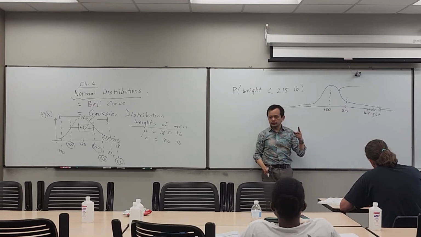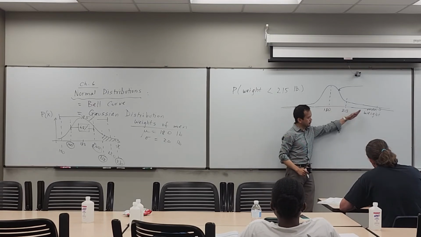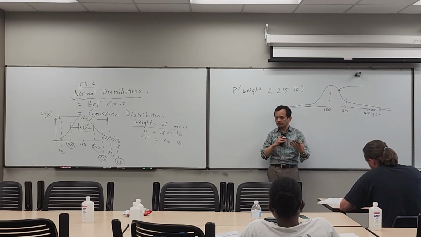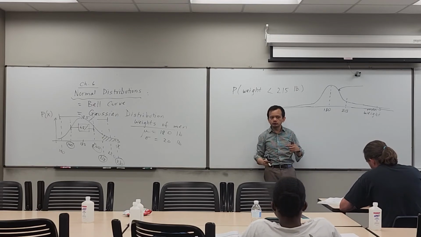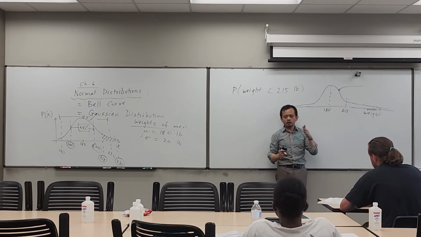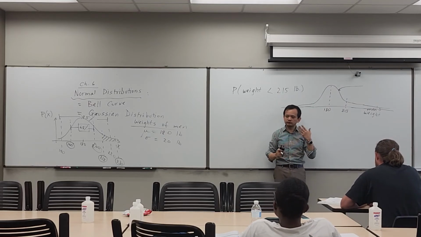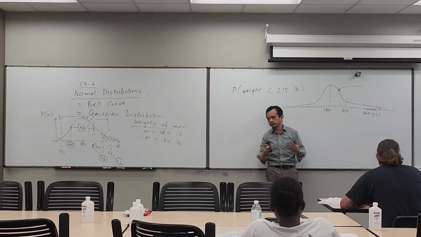That turns out to be very convenient, because the total probability of all possible values has to be 100% or 1. So now we can make an equivalence between area and probability between two values under the bell curve.